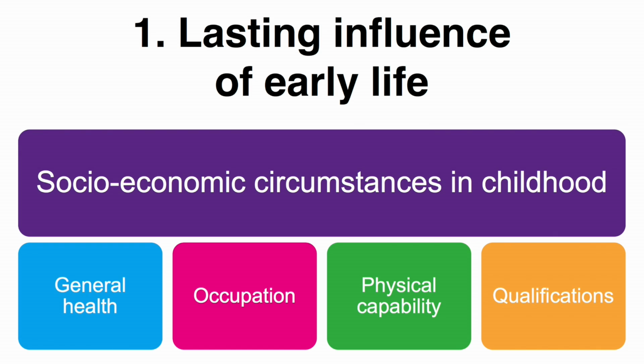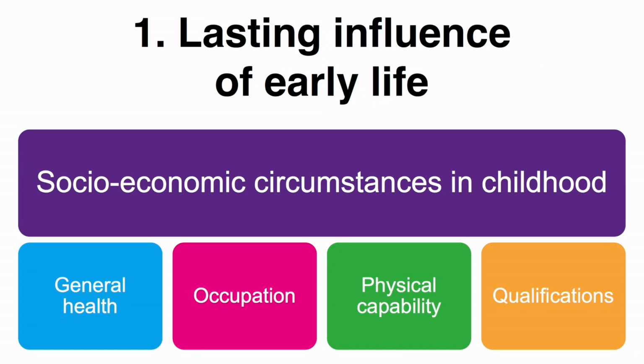So both cohort studies have shown strong relationship between early socio-economic circumstances, such as parental social class or levels of education, and a range of child and adult outcomes. And this is even after controlling for a whole range of other mediating factors from the data that we've collected.